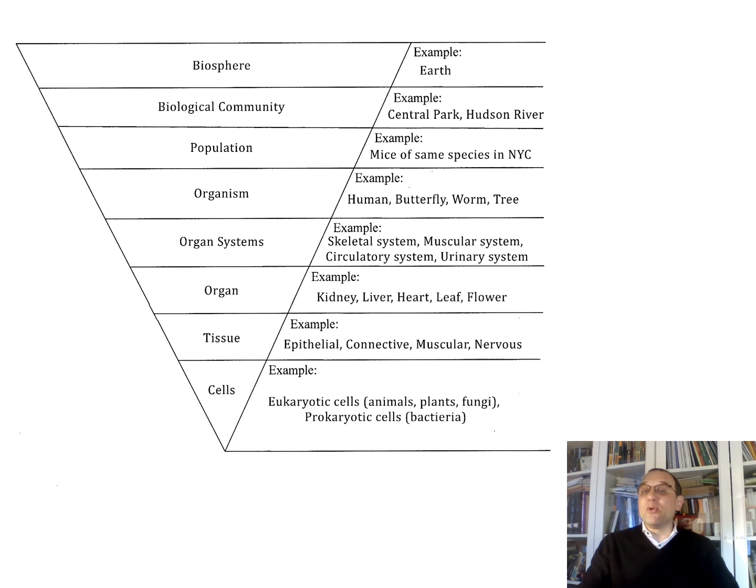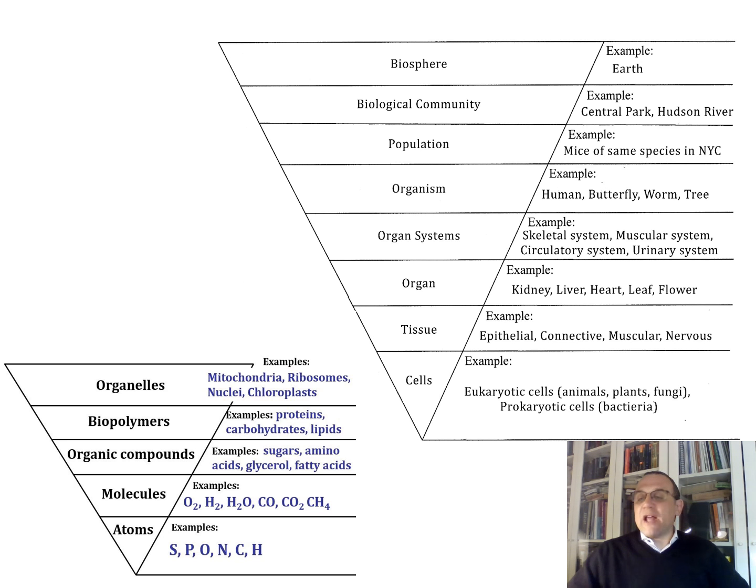Organisms make up populations. Populations make up biological communities, and the sum of all biological communities on our planet is called the biosphere. The hierarchically organized matter reveals one of the basic aspects of life, in that it provides the concept of evolution of matter from non-living to living and gives a meaningful interpretation to the whole problem of the origin of life, which I will discuss in a separate lecture.